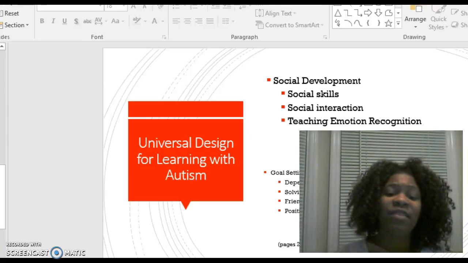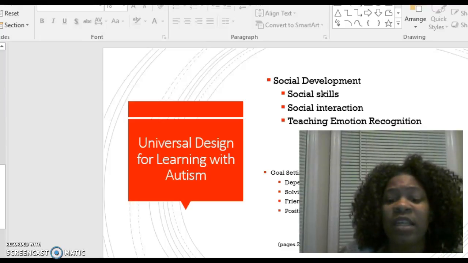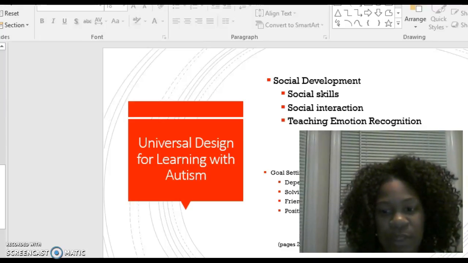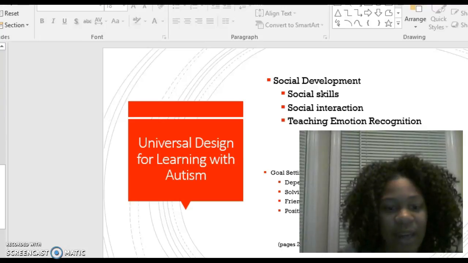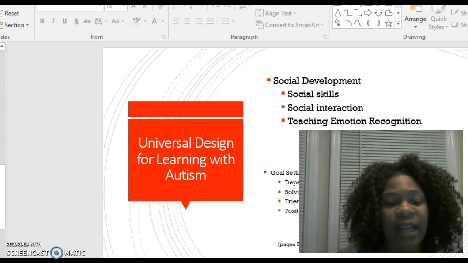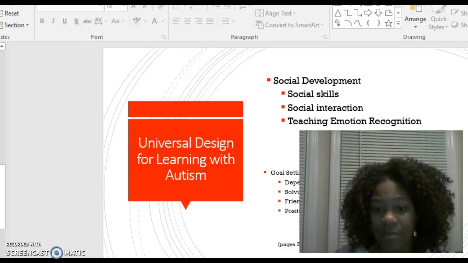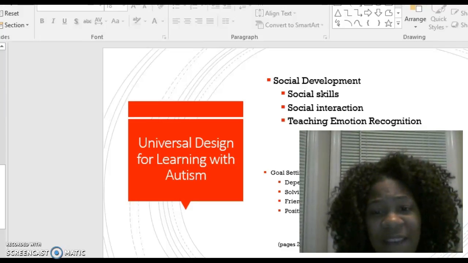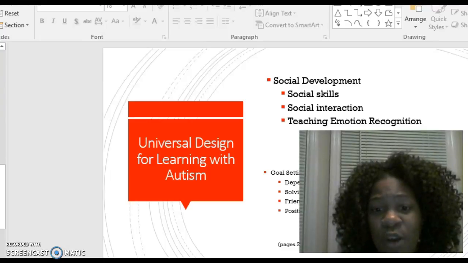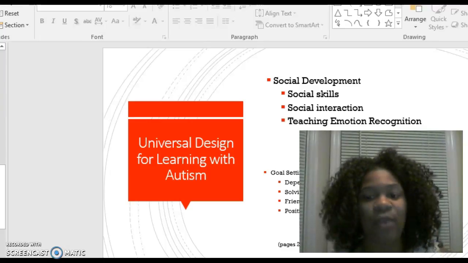So the team aspect and environment is also important to function in society. Since students with autism have trouble recognizing emotions, goal setting as well as software is implemented into teaching them. And I have listed some social development and goal setting skills that I found in the text.